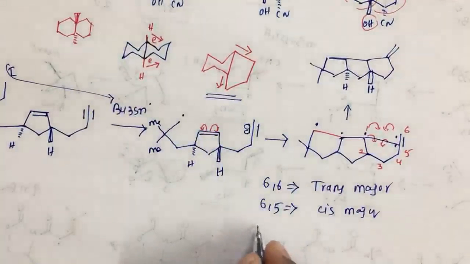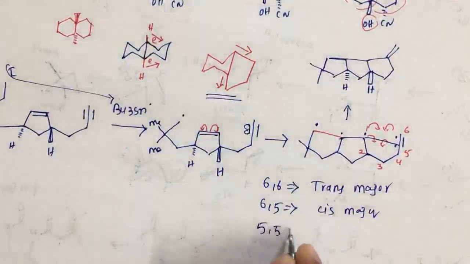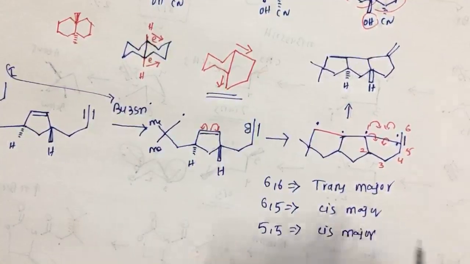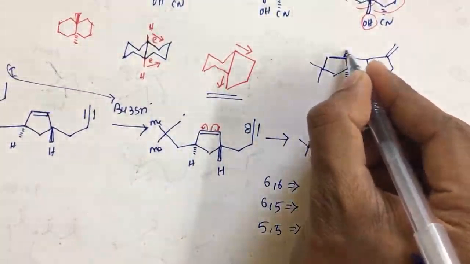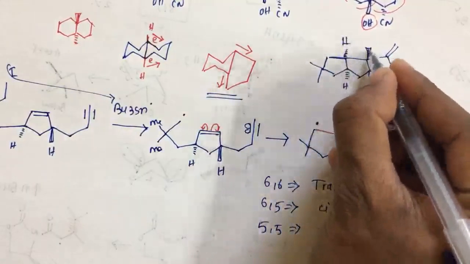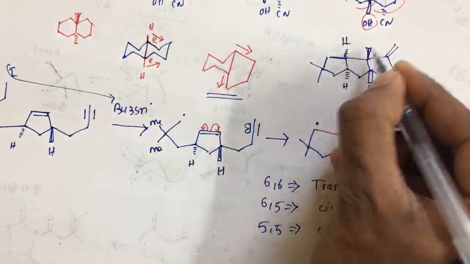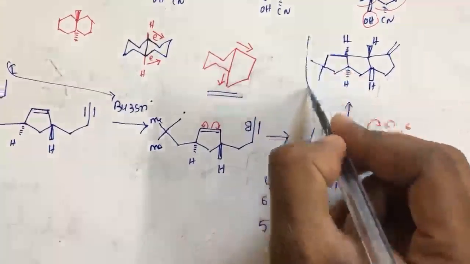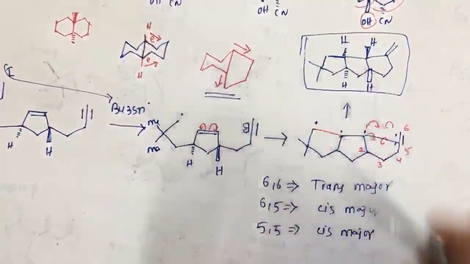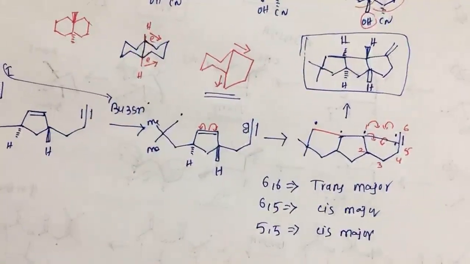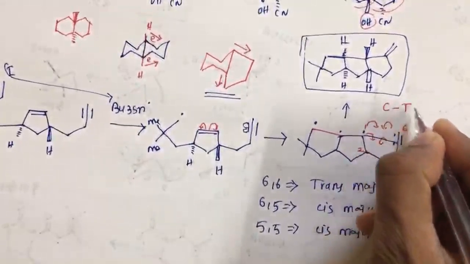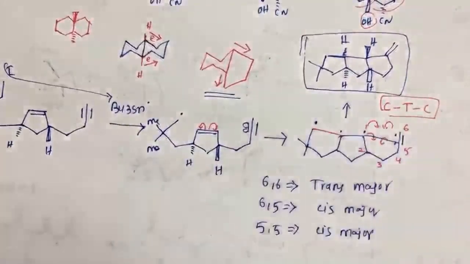And when we have two 5-member rings, then also cis is major. Okay, so here we have cis and cis, and when we have three 5-member rings fused together, so now the stereochemistry will be cis trans cis. How cis trans cis?